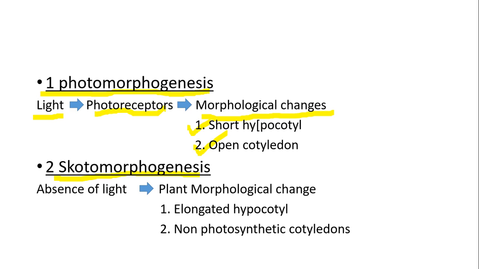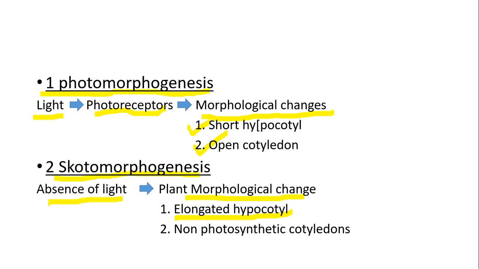But in case of scotomorphogenesis, that is in the absence of light, the plant will undergo certain morphological changes. They have an elongated hypocotyl, which is called etiolated, because of the absence of light. So they want to search for sunlight.